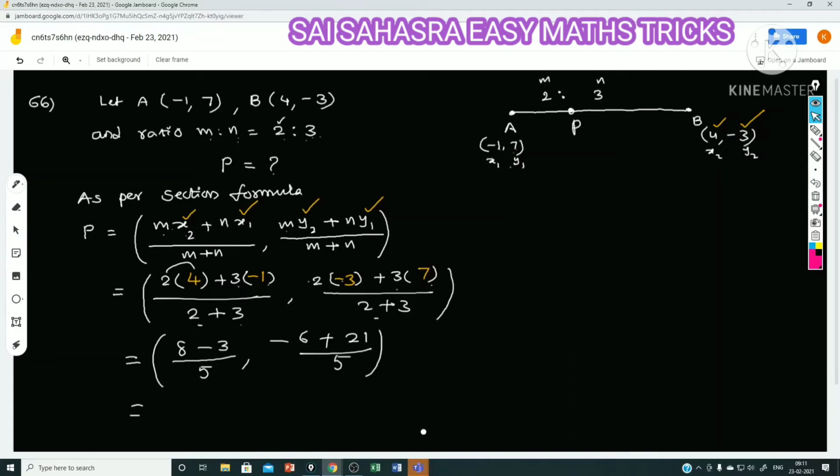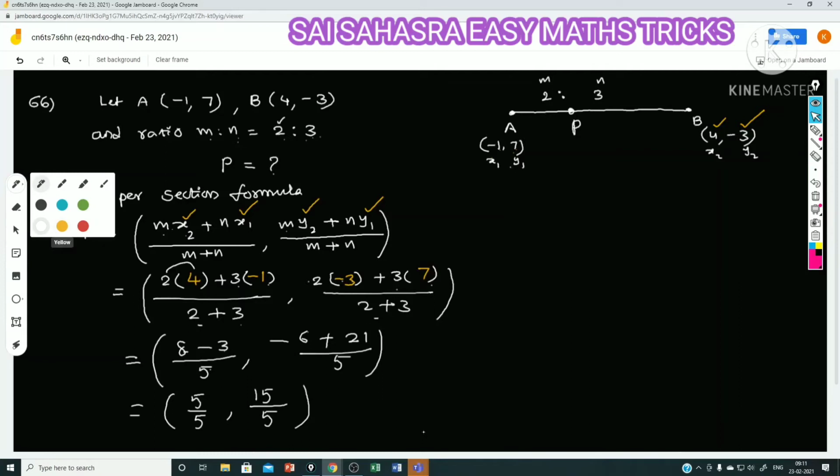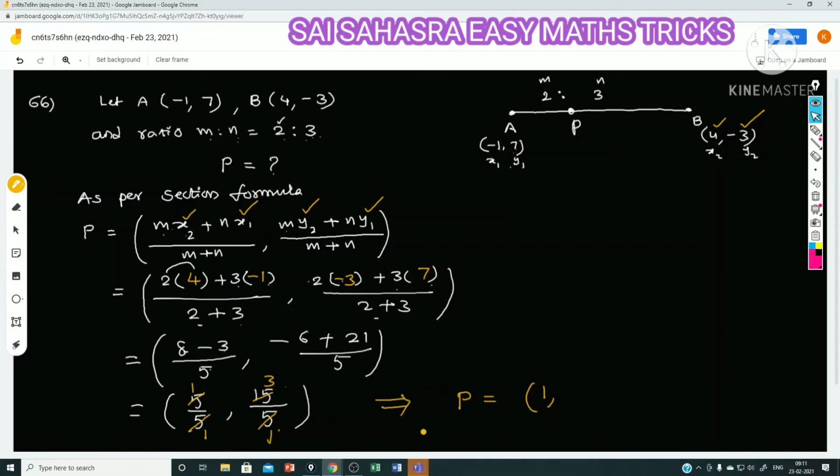Next step, 8 minus 3 is 5, 5 by 5. 21 minus 6 is 15, divided by 5. So when you divide 5 by 5, what is the answer you are going to get? 5 one time, 5 three times. Tell me, what is the point? So the point P is equal to, 1 by 1 means 1, 3 by 1 means 3.